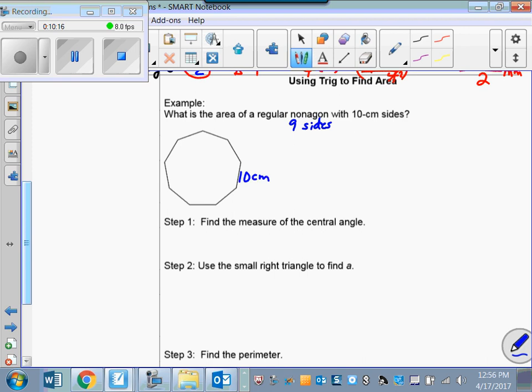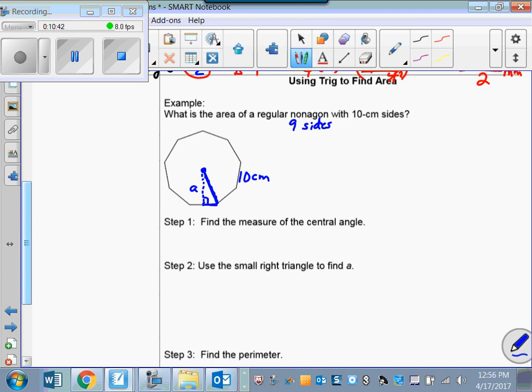What is the area? Okay, well, once again, I got to think about the little right triangle that I have down here. I need my apothem and I need my perimeter, right? I don't necessarily need the radius, but I need it because I need the information about this right triangle. Okay, so here's what we're going to do.